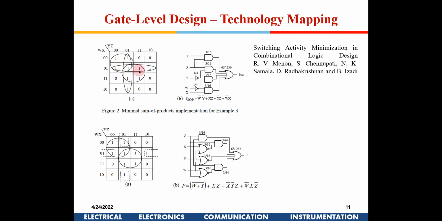First they have grouped everything, and it says that in case there are no inverters in the circuit, then that is the optimal solution. In case there is an inverter, then you have to try and eliminate those inverters by splitting the big 4 variable groups into 2 variable groups.